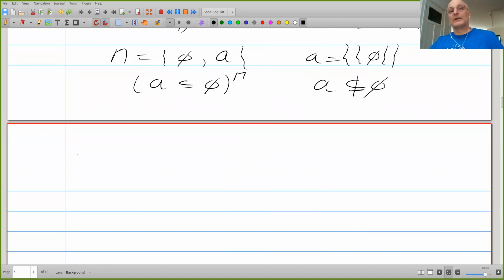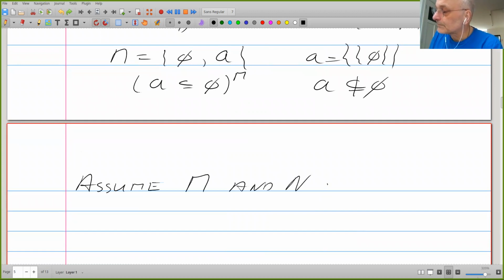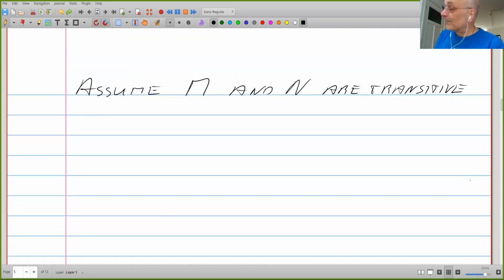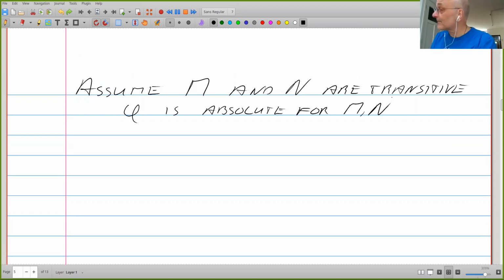However, I mentioned in the beginning that we'd be looking at transitive sets. Assume, suppose they are transitive, those M and N, and phi is absolute for our pair of sets.